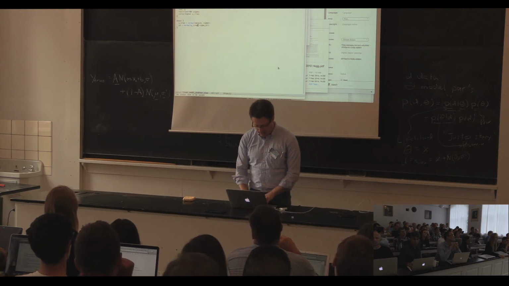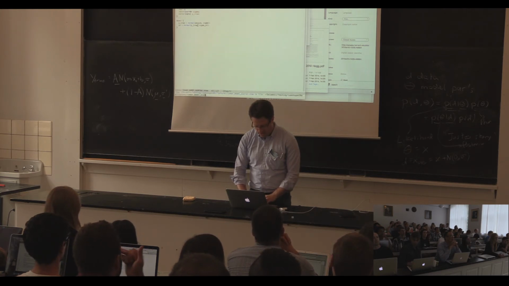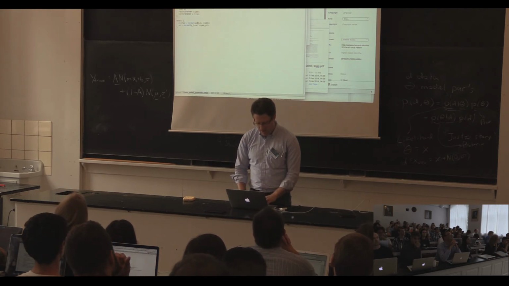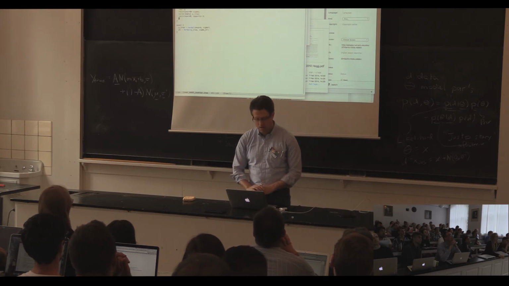Okay, so let's fix this. We're going to take our linear model scatter and turn it into linear model scatter outlier. Okay, so we said now we're going to introduce a new parameter. Not working in the right file.